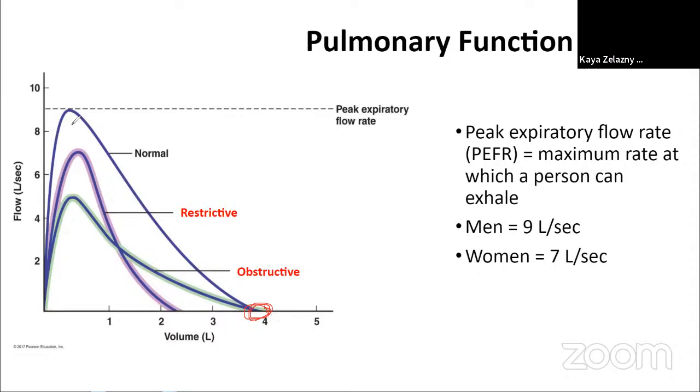The most noticeable difference is here, where this peak is. So this is saying something about that flow rate, related to those FEVs. We can see that we have a lowered flow rate for the restrictive disease and actually also for the obstructive disease. The obstructive one actually gets lower here. So we would compare the same things basically.